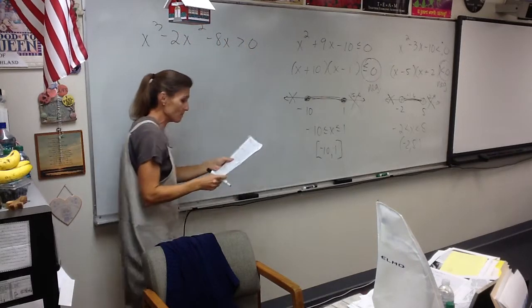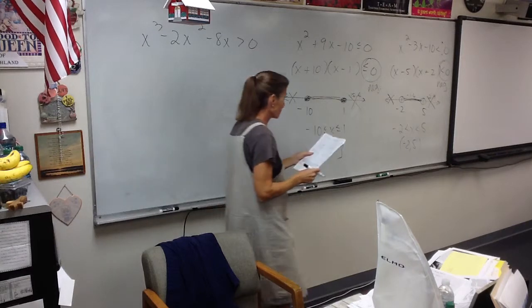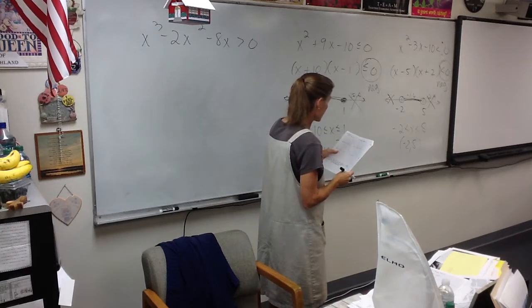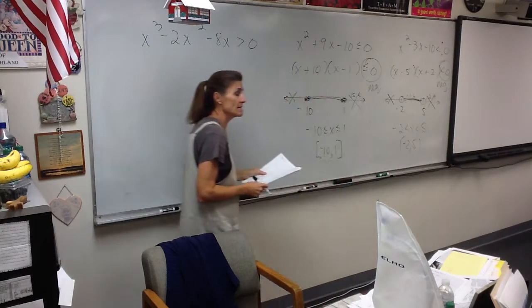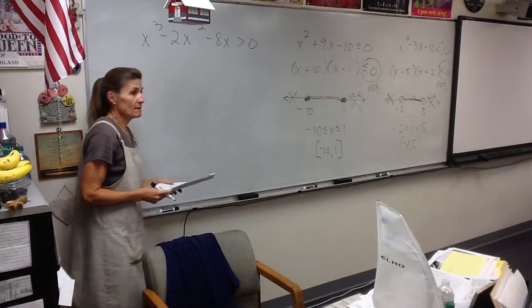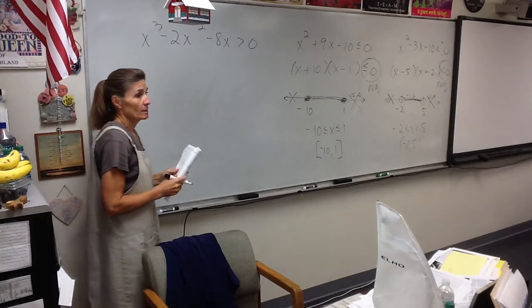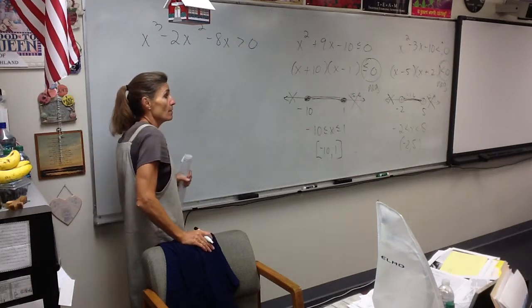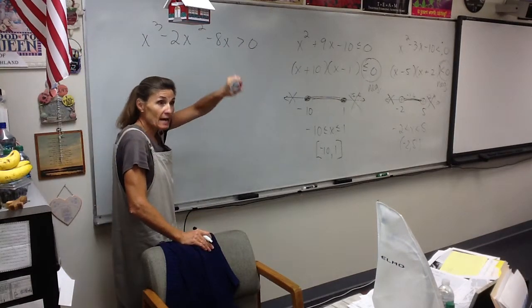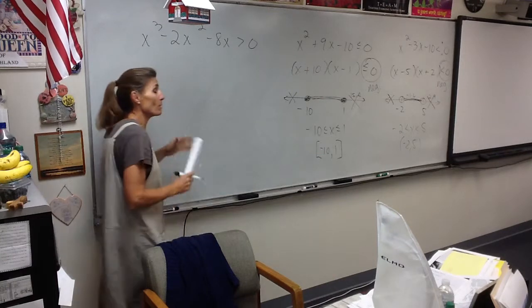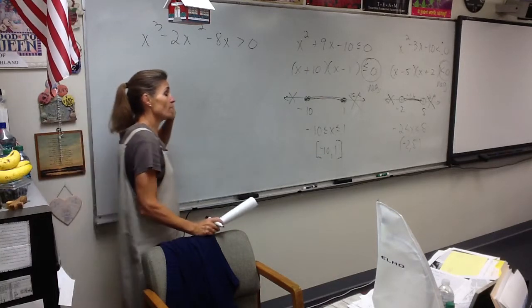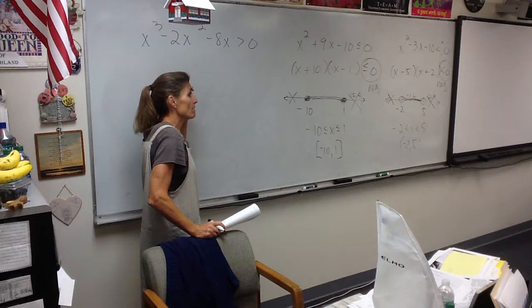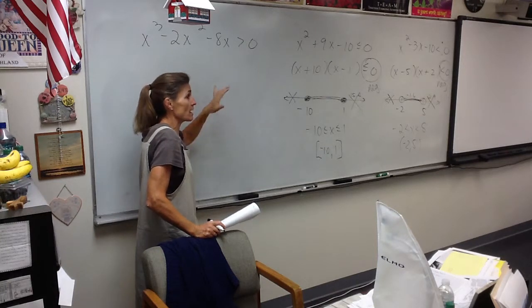What's different about this guy, you guys? Oh, wait. Cubes. I think I skipped D, but that's okay. We're going straight to E. What's different about it? It's got a cube. Okay. Oh, good. We're going to take out an X. Remember, Jabron, remember, factoring is the first step, period.